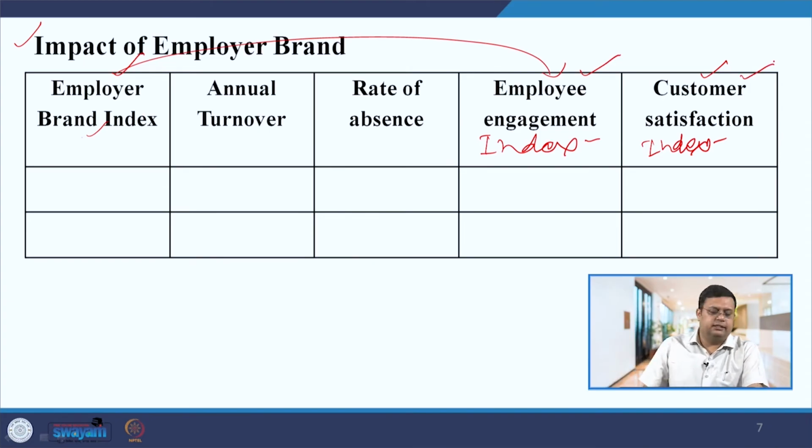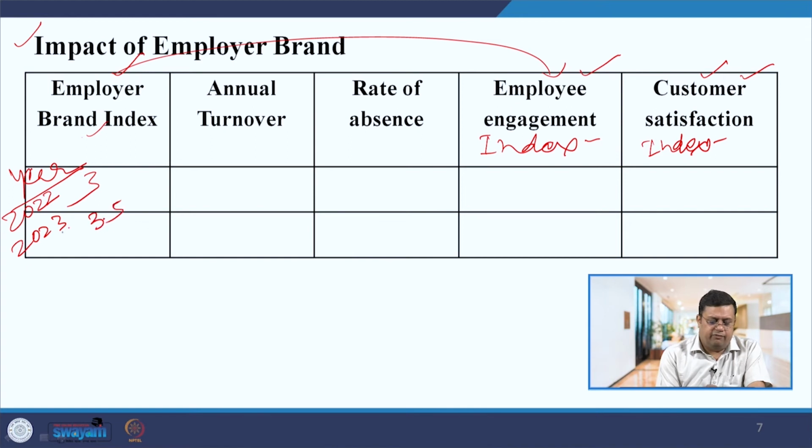That is one thing that you can do, as well as the employer brand index year wise that you can write here. Let us say it is a 5-point scale. So, earlier in 2022 it was 3, in 2023 it became 3.5, in 2024 it became 4, right.